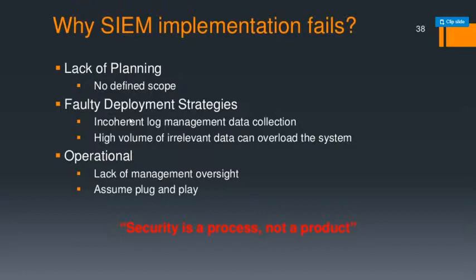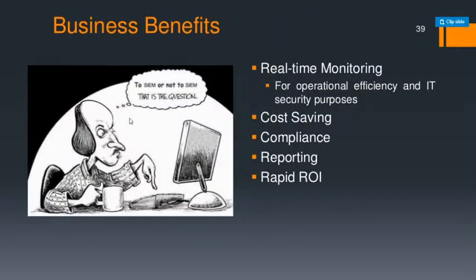So you will be going to study them. Then you will come to know that on the operation side, these are the important things. The management should have oversight of what they should do well in advance, and they shouldn't assume these are plug-and-play. We discussed many of them.